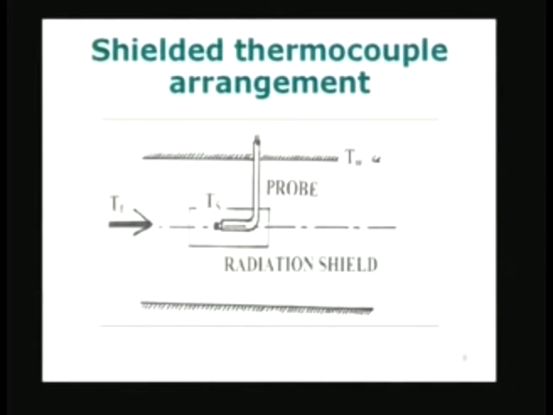What will happen in this case is that if you have a radiation shield surrounding this probe, the temperature of the shield, which will be between the fluid temperature and the wall temperature, will be the effective background temperature for the probe, and therefore, the amount of radiation heat transfer from the probe to the shield will be smaller than if the shield were not there, when it would have been between the probe and the wall of the tube. Therefore, you are going to reduce the radiation error by having a surrounding shield like this.